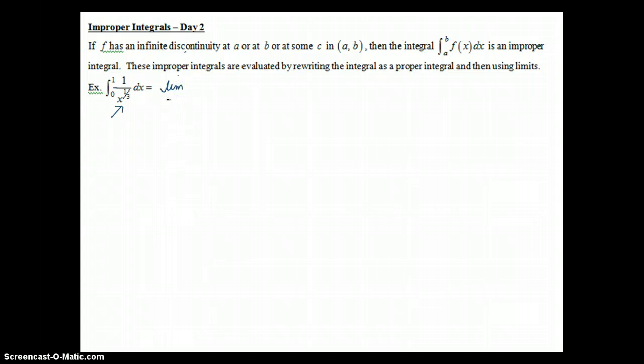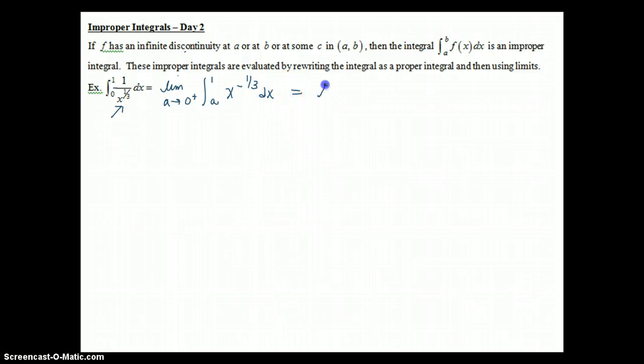We're still going to use the limit, and since 0 is our place where the discontinuity is, we're not going to approach infinity this time. We're going to approach 0 from the right-hand side, since we're going between 0 and 1, of the integral from a to 1 of x to the negative 1/3 dx.